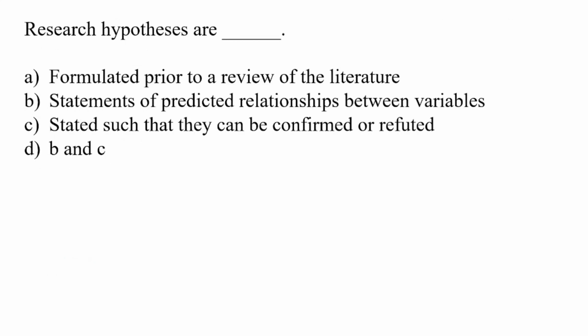Research hypotheses are formulated prior to a review of literature. B: Statements of predicted relationships between variables, stated such that they can be confirmed or refuted. And D is B and C. Anybody? Read the options and take your time.